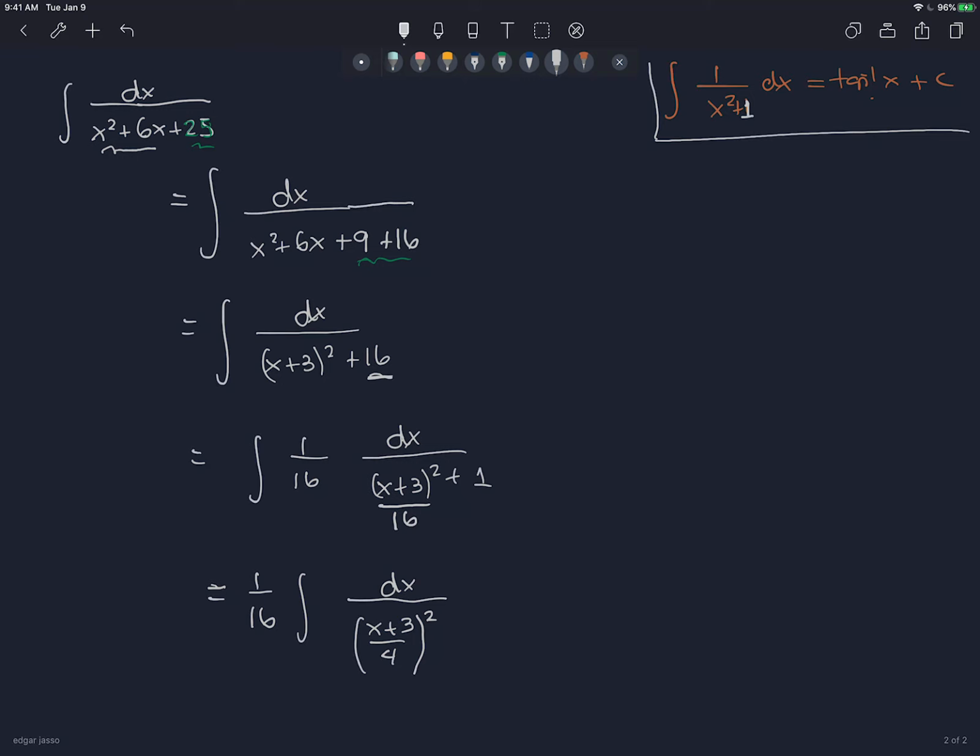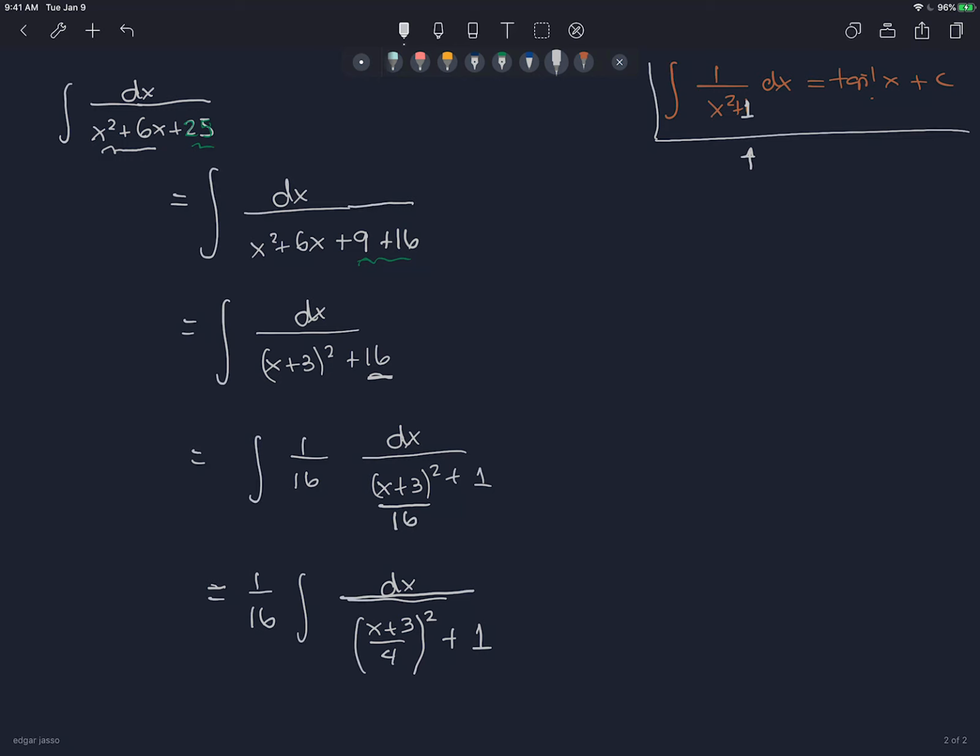Because the 16 is, sorry, it's 4 squared. And there you go. Now I clearly have the correct form for this u substitution, which is really all I have to do, right?